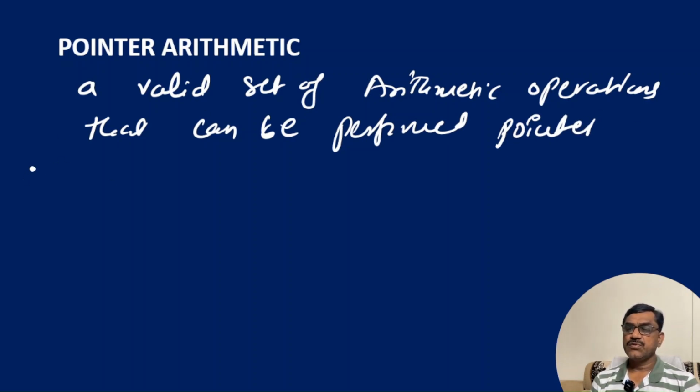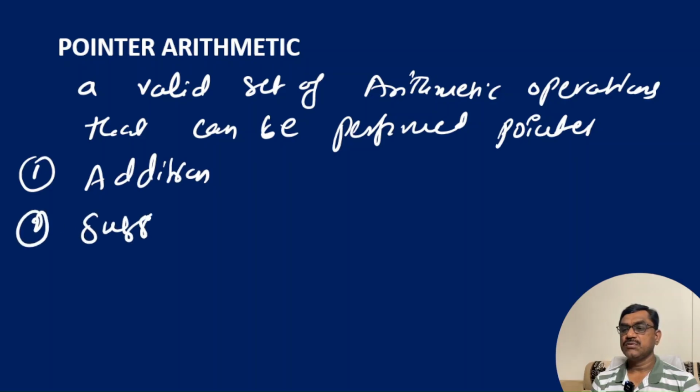Now, we are going to see the arithmetic operations: addition and, second, subtraction. Other than these arithmetic operations, we can also perform comparison operations, but they do not come under pointer arithmetic. Under pointer arithmetic, mainly we are talking about addition and subtraction.